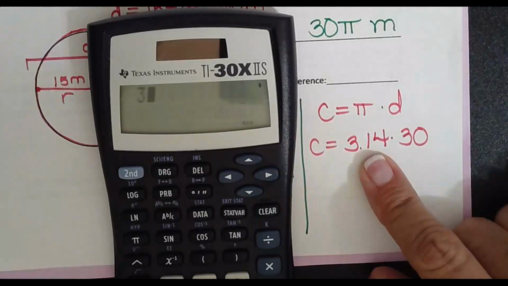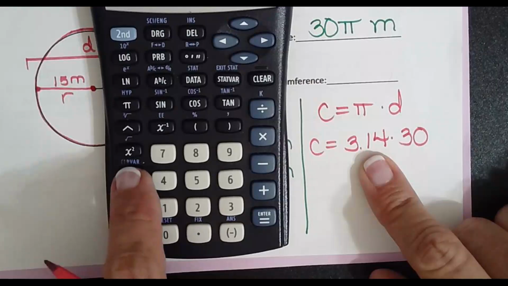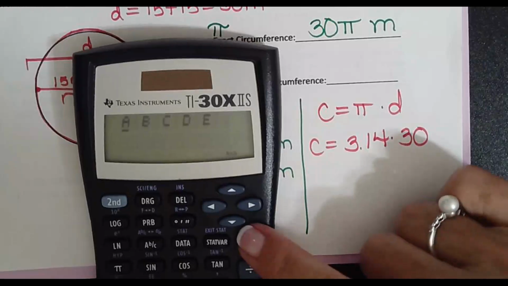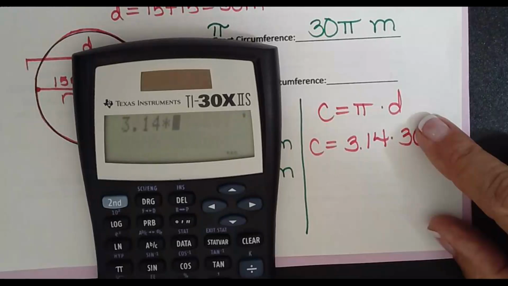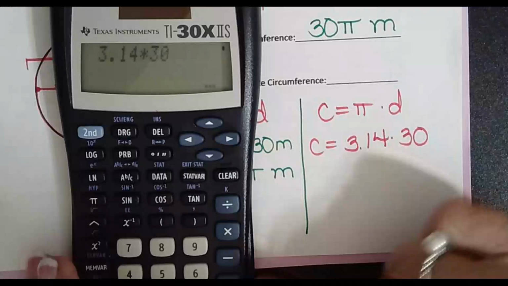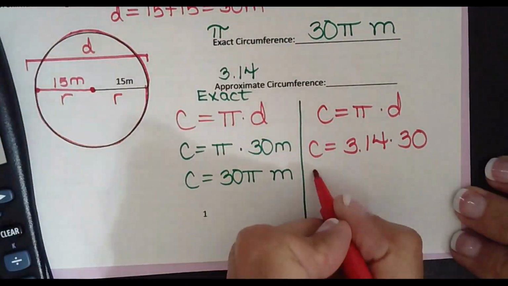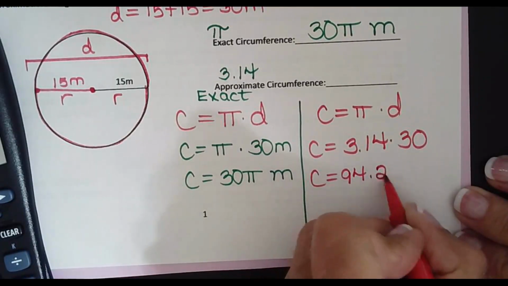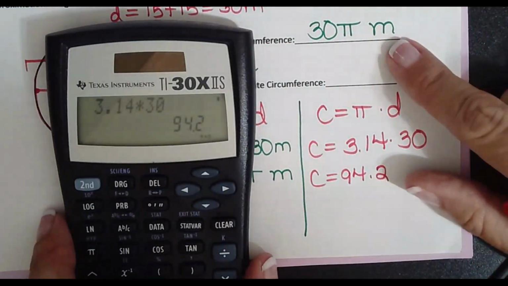So 3.14 times 30. You just use the times sign over here, and that is 94.2. Still need the units on it, so it would be 94.2 meters.